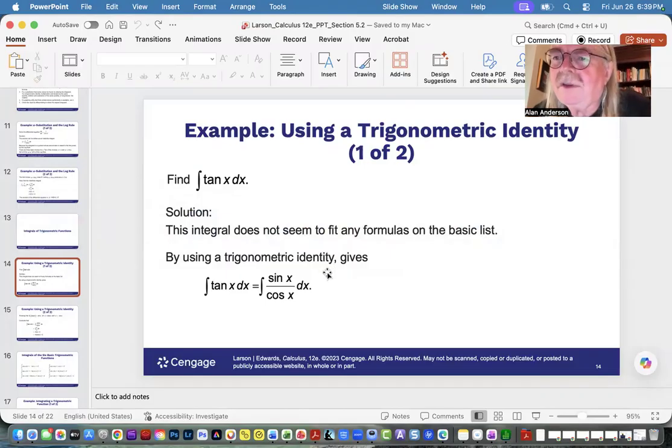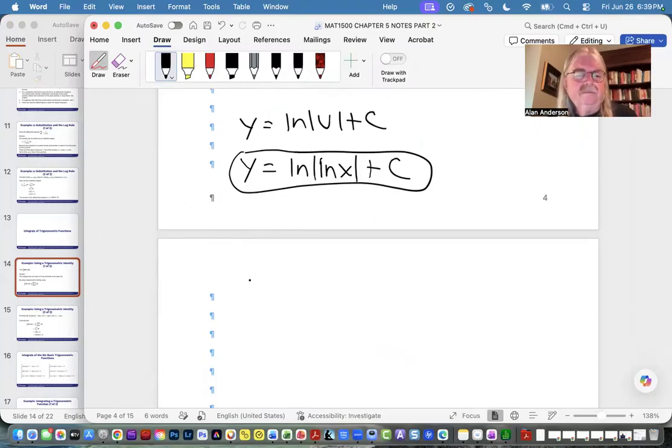The ones that we started out with, the very basic ones, did not have one for the integral of tangent x. So what they want us to do is rewrite this based on the definition of the tangent. Tangent x is actually the same thing as sine x over cosine x.